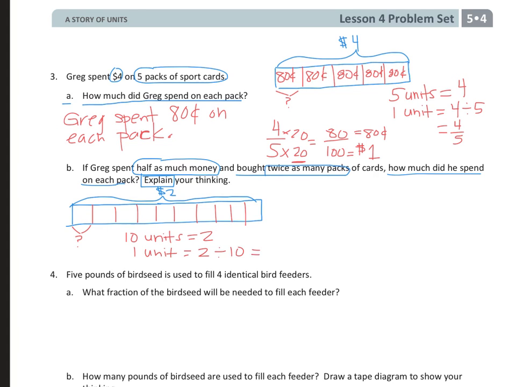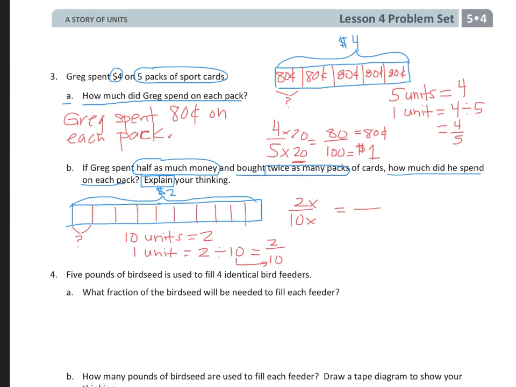As a fraction, 2, which is our dividend, is going to be the numerator on top, and the divisor, 10, is going to be our denominator, so that's 2/10. So he spent 2/10 on each pack. Well, 2/10 is not money. We want to show how 2/10 is actually in money form.